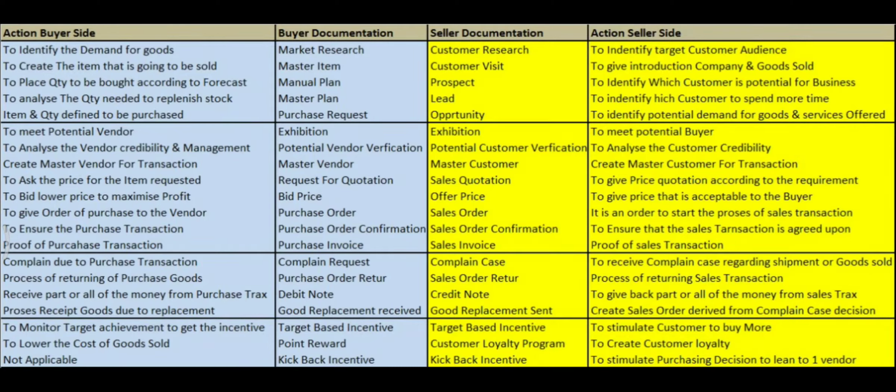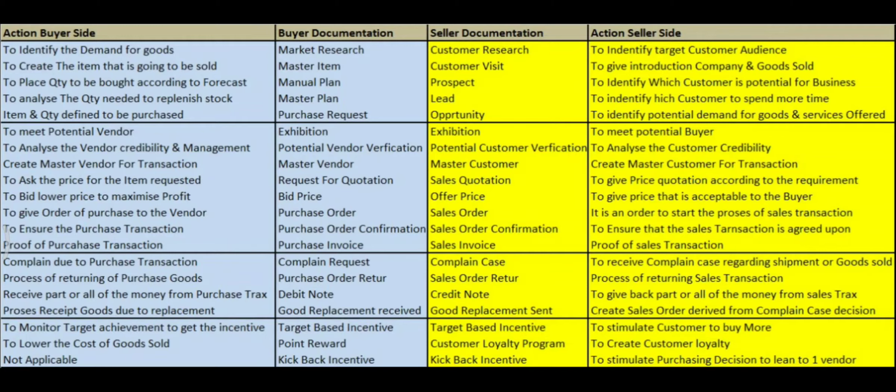Okay, after you visit the exhibitions and meet the vendors, you can get a feeling of which vendors are right for you, and which vendor's management can control the quality, the pricing, and the finishing. You analyze all that.